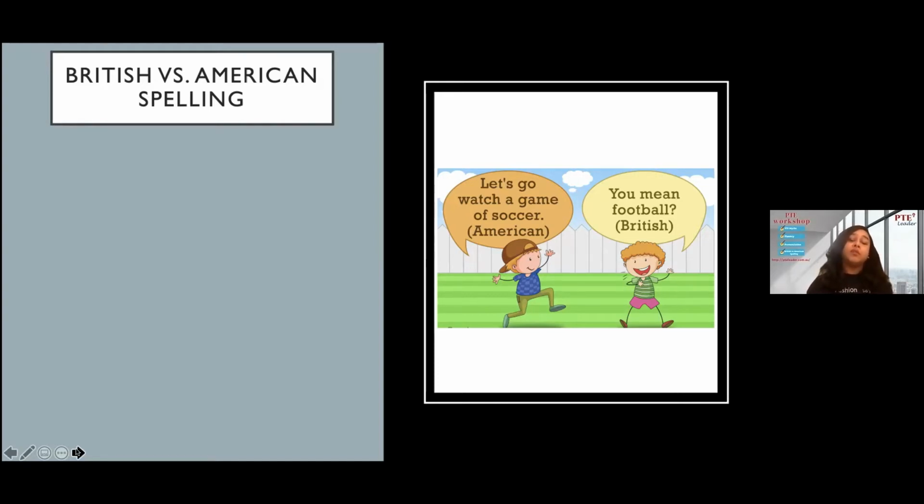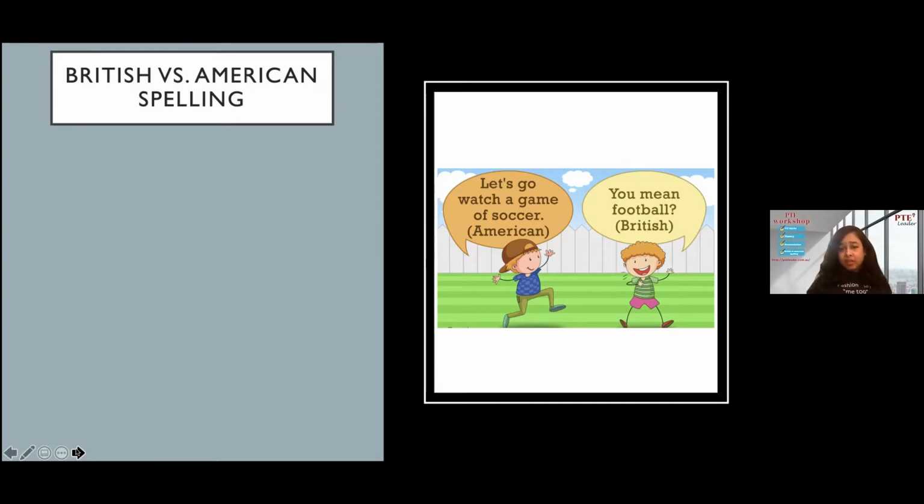When you write these words in the PTE test, my suggestion is to follow one spelling convention strictly throughout your test. If you always follow British spelling rules, just keep following that. Or if you follow American spelling, keep following that. Don't mix and match both.